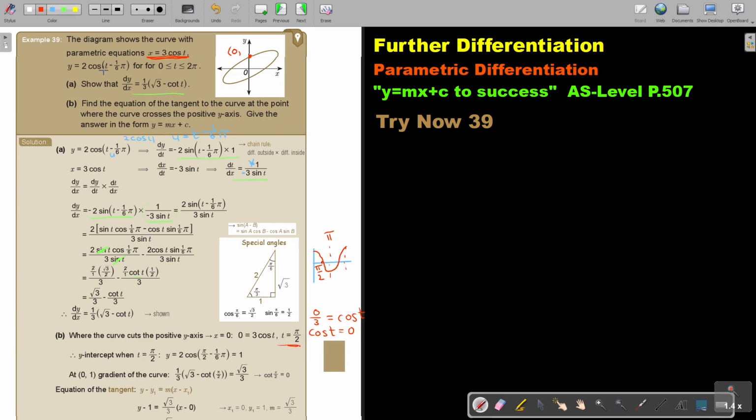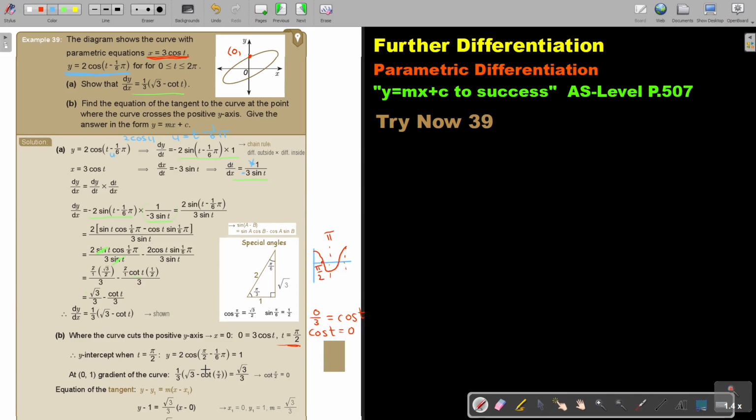So now I go to this equation, and in the place of t, I put pi over 2. Now I can actually use a calculator. Just make sure it's on radians. So if you press this, you're going to say 2 cos, or let me just see if we can simplify that.